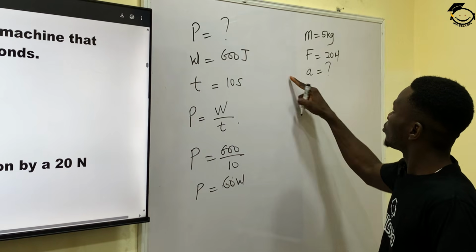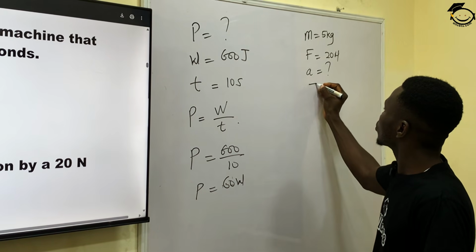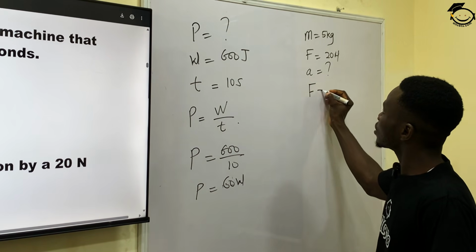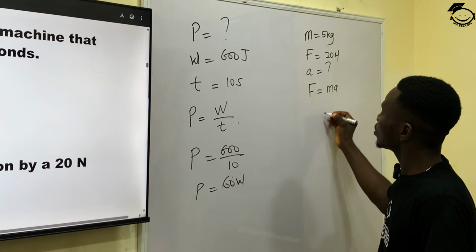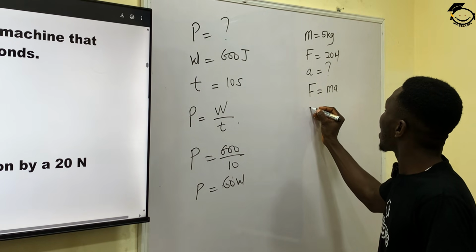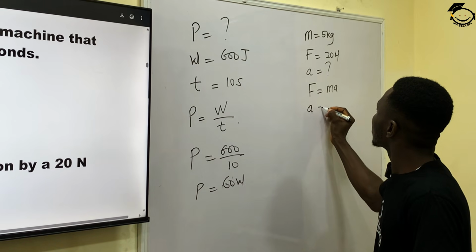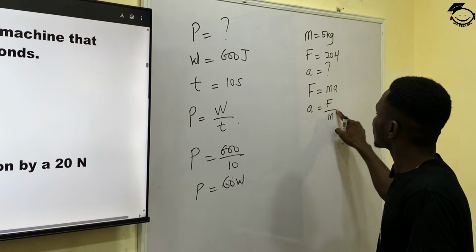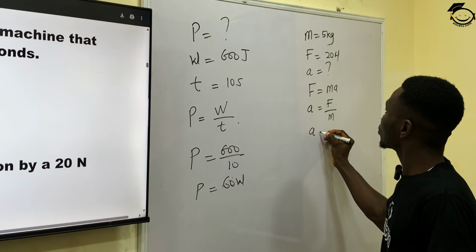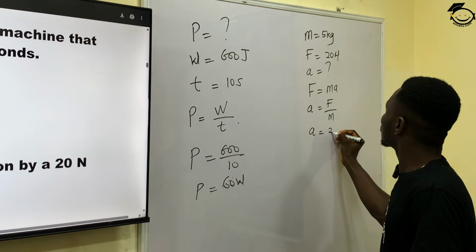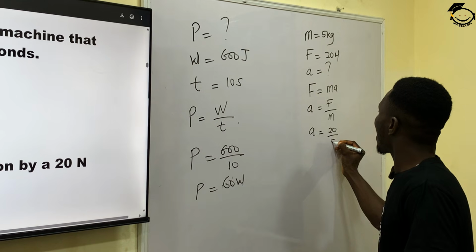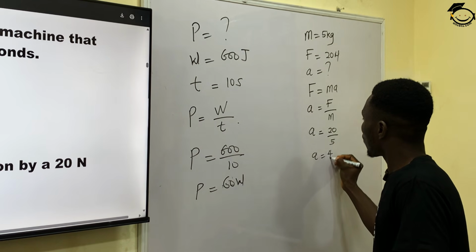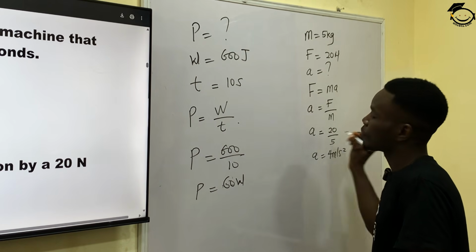So from Newton's second law of motion, you can tell that force is equal to mass times acceleration. And that means that my acceleration is equal to force divided by mass. So my acceleration here is going to give me 20 divided by 5. It means that my acceleration is 4 meter per second squared.